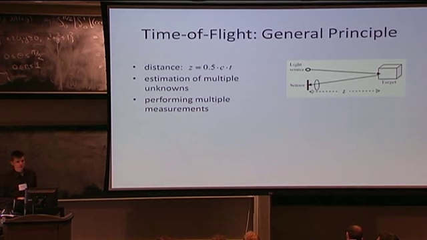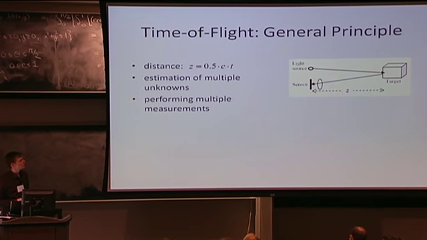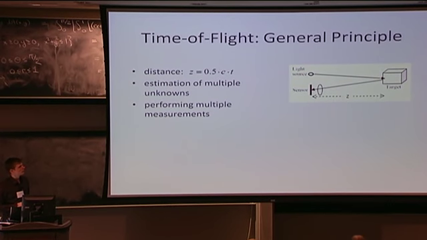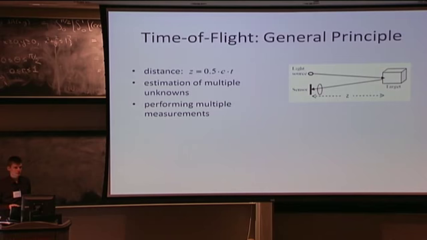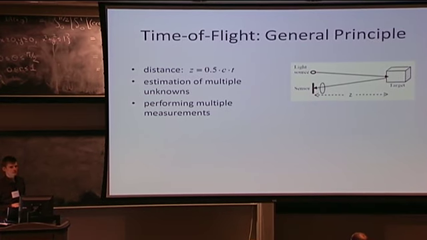The basic principle of all time-of-flight cameras is to measure the time which the light needs to travel from a modulated light source to a target and back to the camera. And from that time, which is determined in each pixel, the depth is computed.